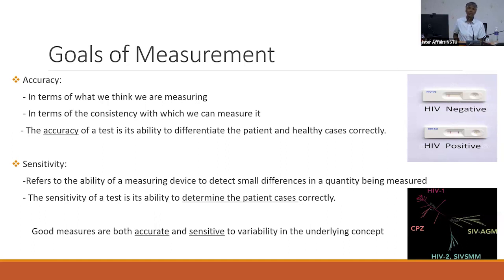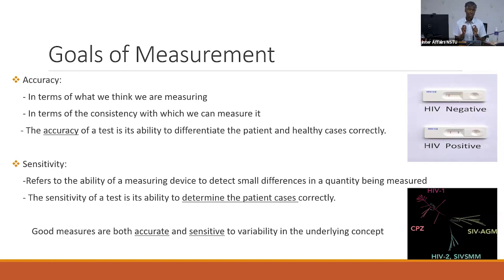So good measures are both accurate and sensitive to the changes or the variability in the underlying concept. When we think about our measurement of HIV, we want to be able to say that this tool is able to differentiate between those individuals who are HIV positive versus negative.